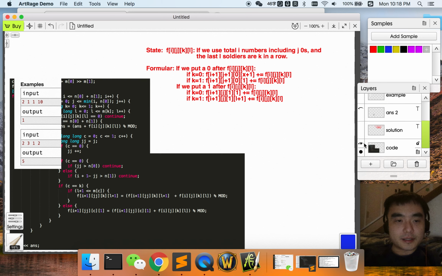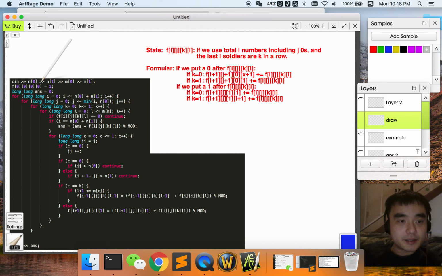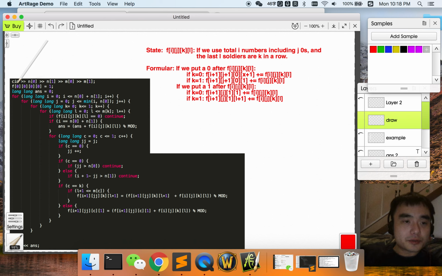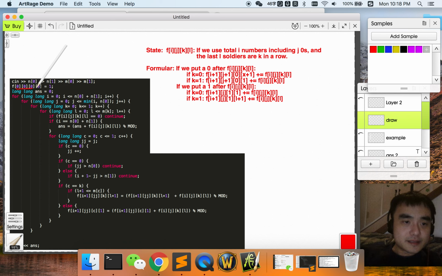The code is here, right? Here's the code. First, we are going to read n0 means the number of 0, n1 means the number of 1, and the maximal consecutive numbers are these two, all right? And then this is the initial state, and we record the final answer in this variable, right?